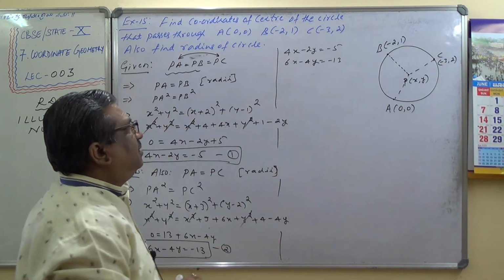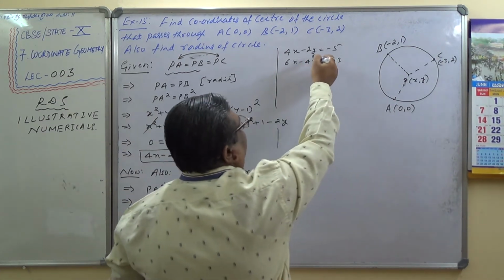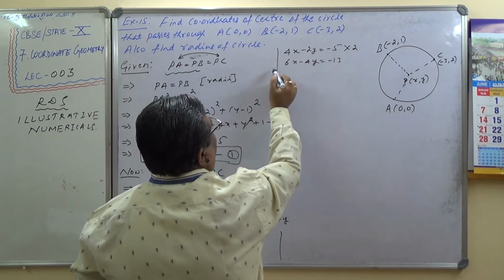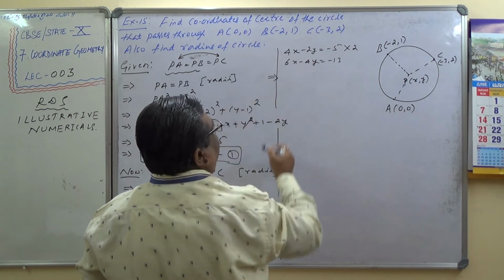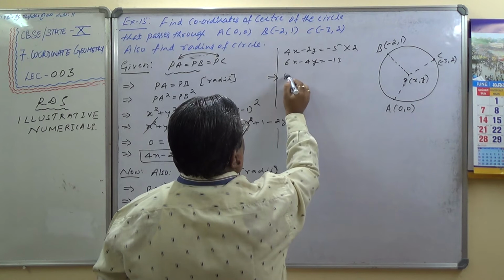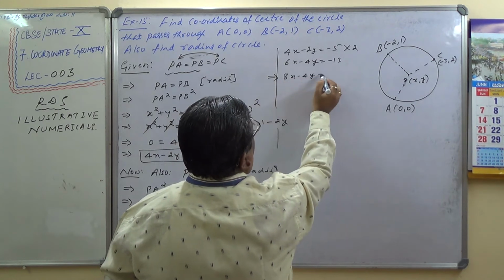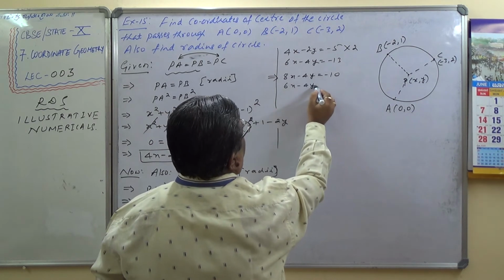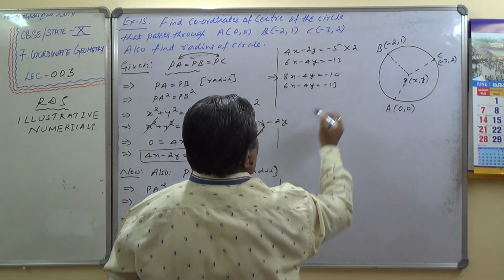What I will do here is I will eliminate y here, multiply this by 2. Rewriting the equations, I get 8x minus 4y equals minus 10, 6x minus 4y equals minus 13.